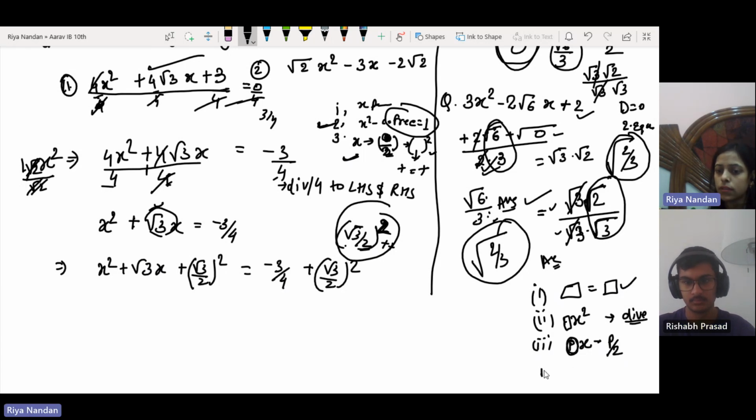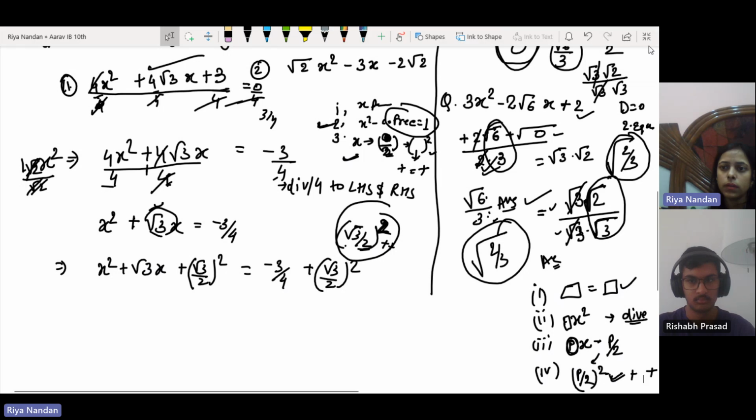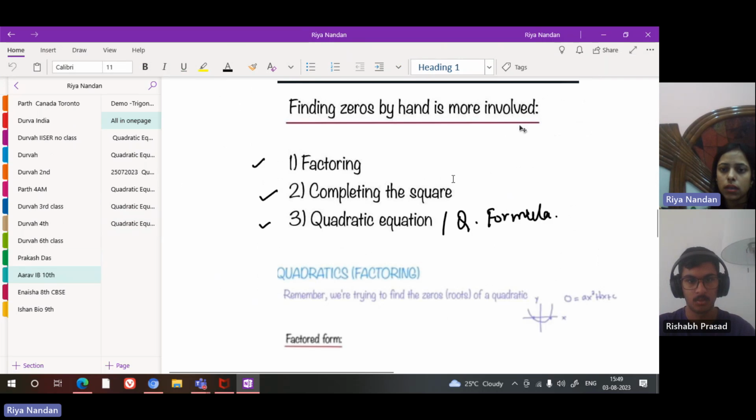And in the fourth step, we have to square this number, and whatever this value is, we have to add to both sides. This would become a square, and we have to add or subtract to both sides. Clear? Very good.